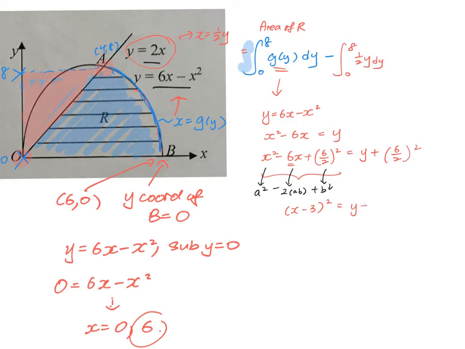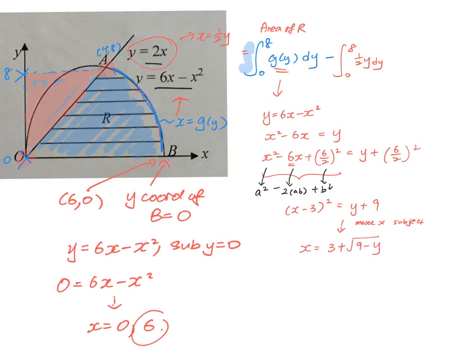On the right hand side, it gives us y plus 3 squared, which is 9. If you simplify this, you're going to get x equals 3 plus the square root of 9 minus y, after making x the subject.